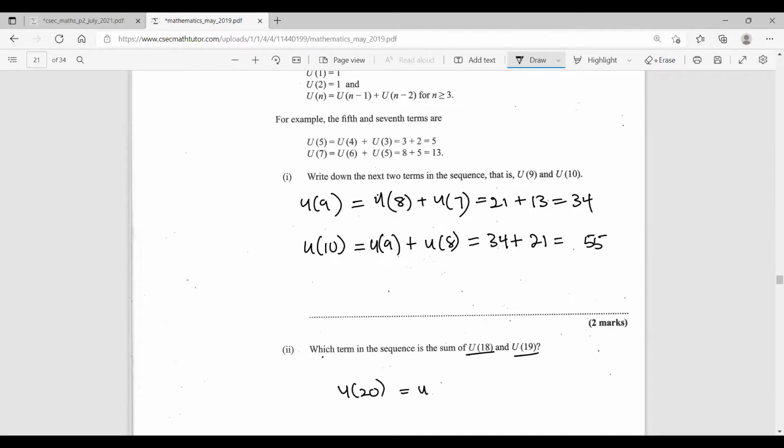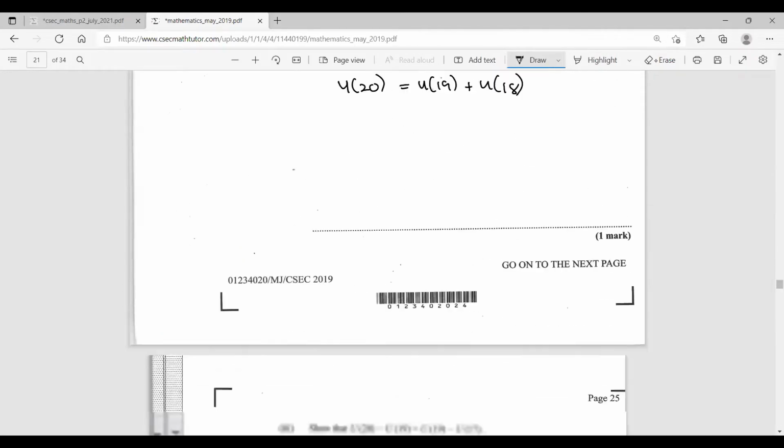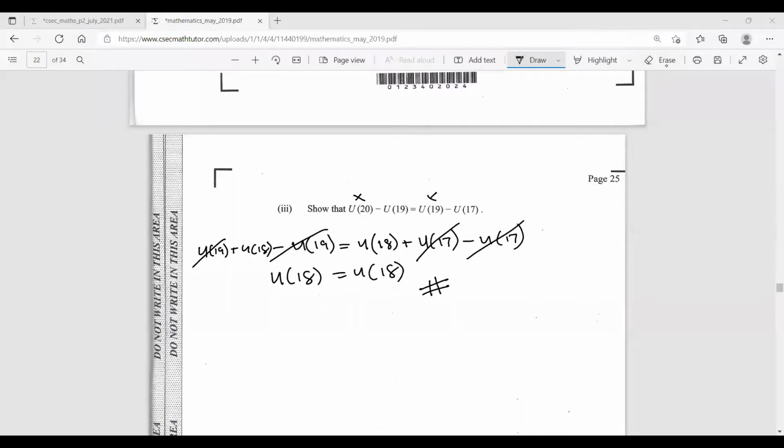U20 is equal to U19 plus U18. Yes, miss. All right. Show that U20 minus U19 is actually equal to U19 minus U17.